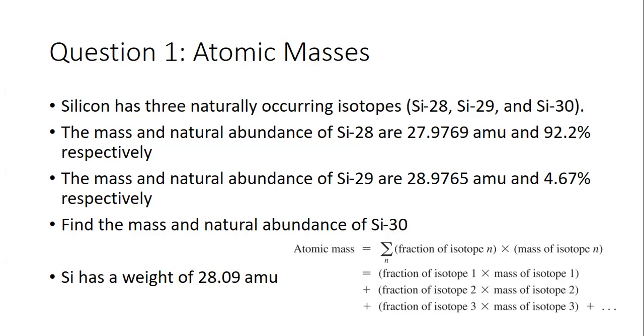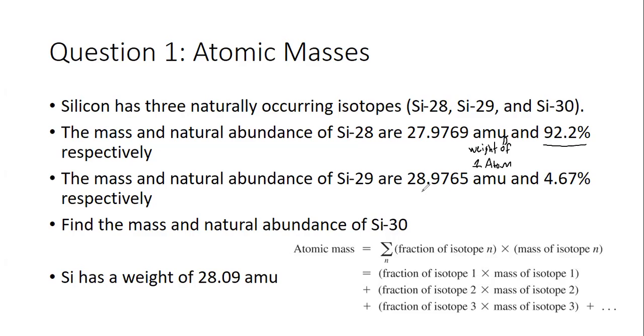The mass and abundance of silicon 28: the mass is 27.9769 atomic mass units. So AMU, atomic mass unit, is just the weight of one atom. That's what atomic mass unit is. And the abundance is 92.2%.